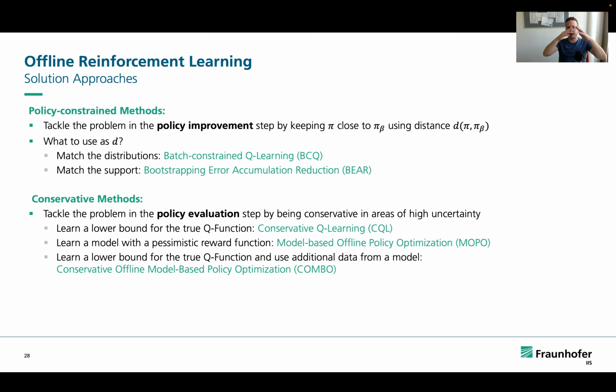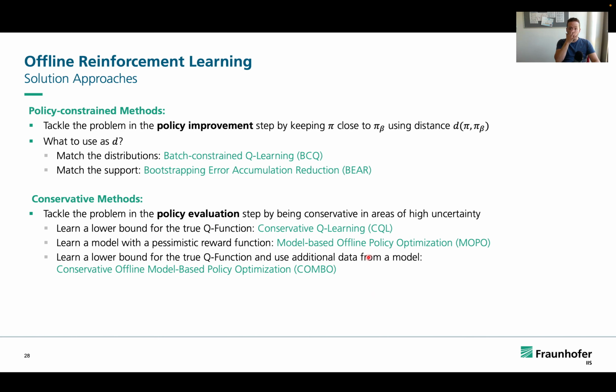If we have a lower bound of our Q function, we can apply the greedy policy improvement, because our Q values are always lower bounded. In this sense, we see one algorithm called conservative Q-learning, which learns this lower bound for the true Q function.